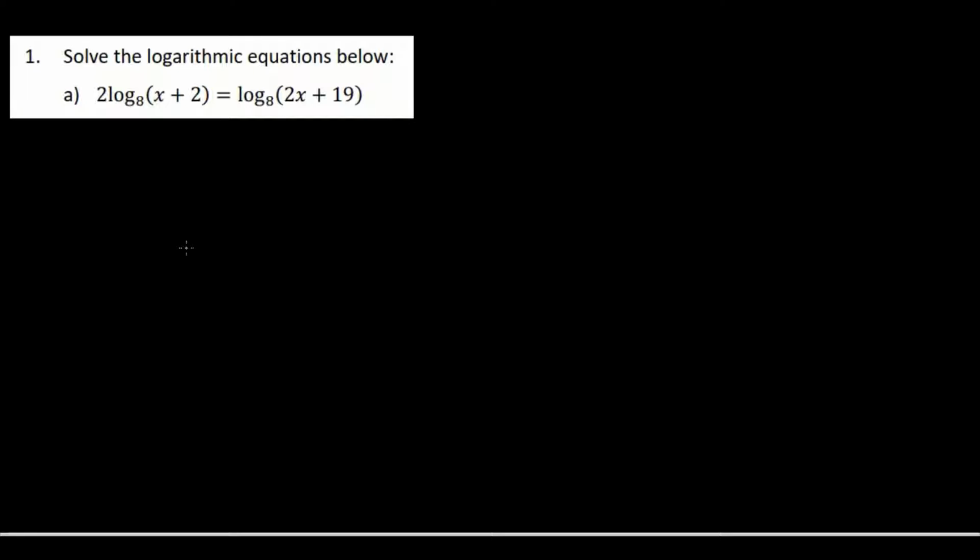Okay, so let's look at number one. We'll start with an easy example first. Let's write down the law of equality that we have learned just now. We have log base a of x equals log base a of y. So when they are in the same base, then we can say that x is equal to y.